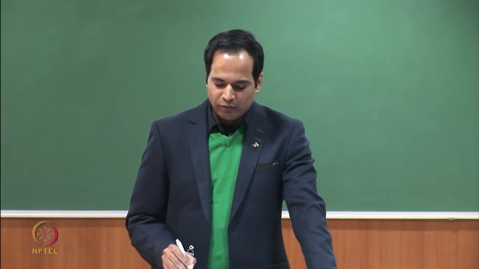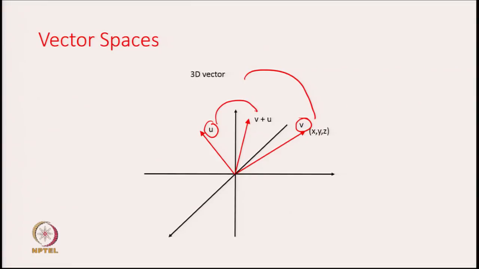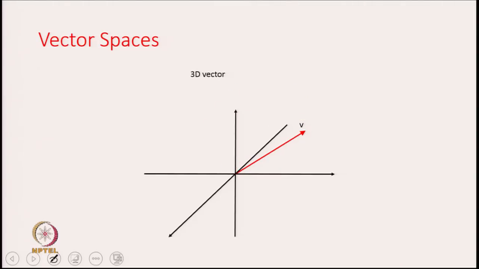So, I have taken a vector v, I have taken a vector u, and I have added these two vectors to get another vector v plus u, which should also be a 3D vector. I can take this vector and scale it up by multiplying it with a scalar. So, the scaling operation is also defined. After the scaling operation also, the dimension of the vector remains the same.